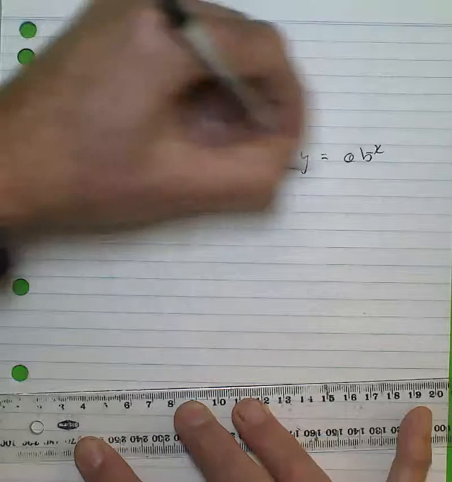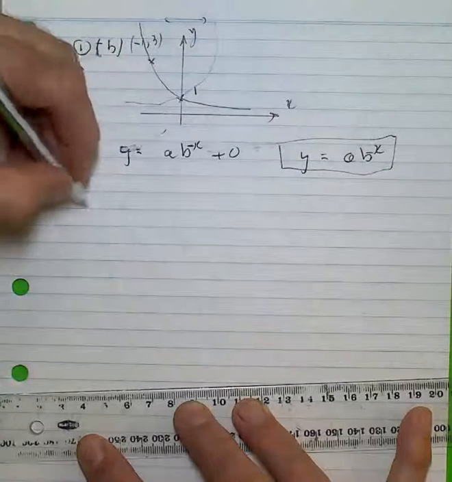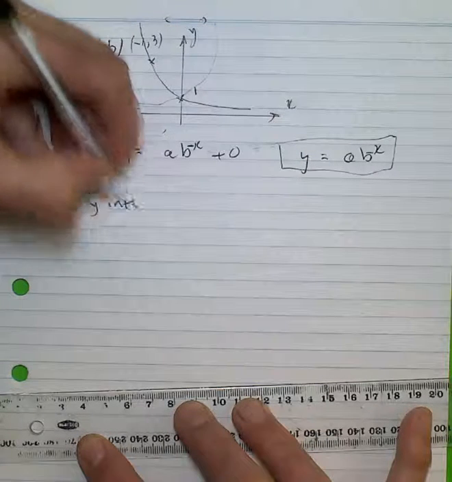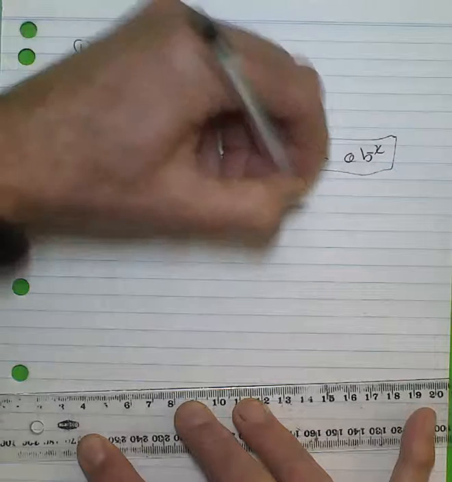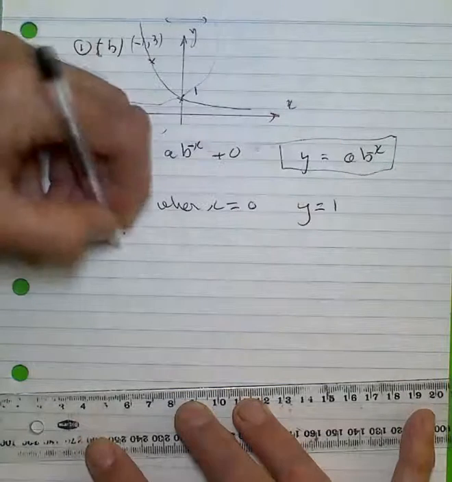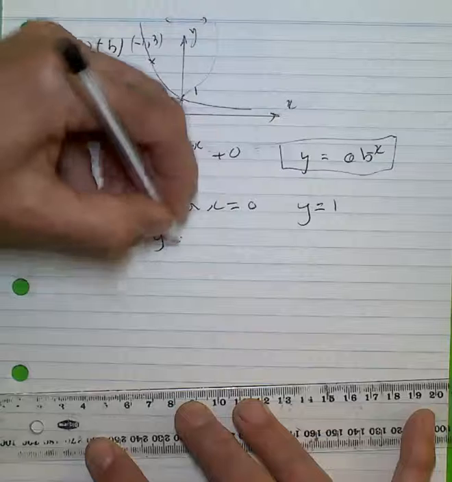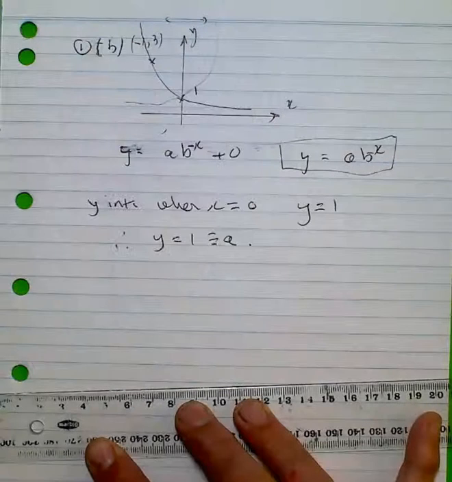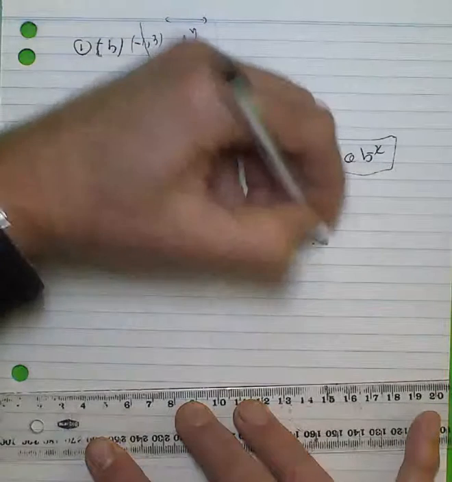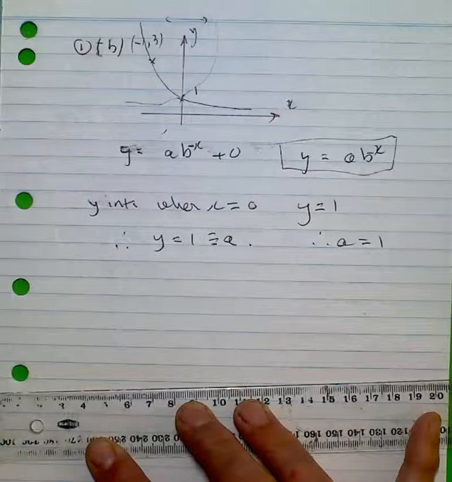So I'll run with that generic form. Using the y-intercept, when x is equal to 0, y is equal to 1. Therefore, y is equal to 1, which is equivalent to the a. So in this case, a is equal to 1.